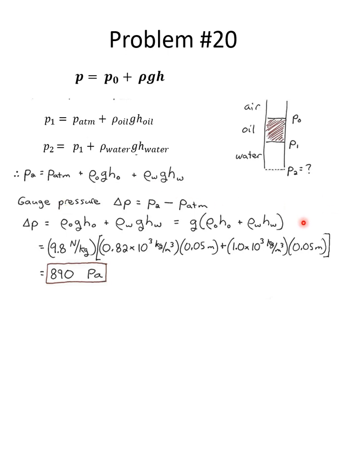So we have g, which is 9.8, times density of the oil, 0.82 times 10 to the third kilograms per cubic meter, times 0.05 meters, plus 1 times 10 to the third for the density of water times 0.05 meters, and you end up getting 890 pascals.